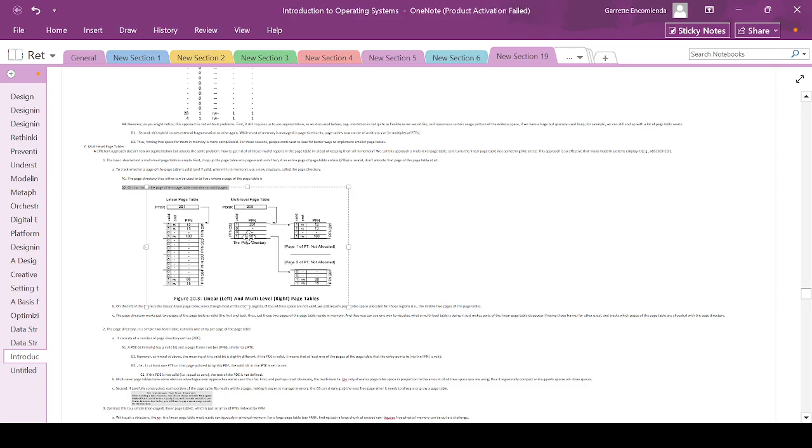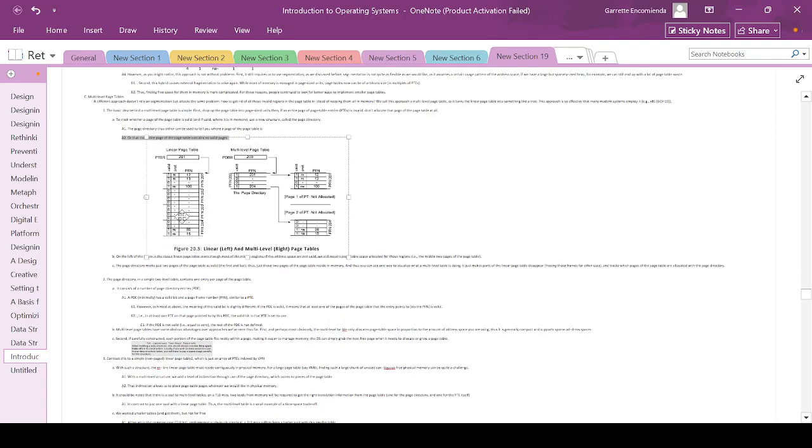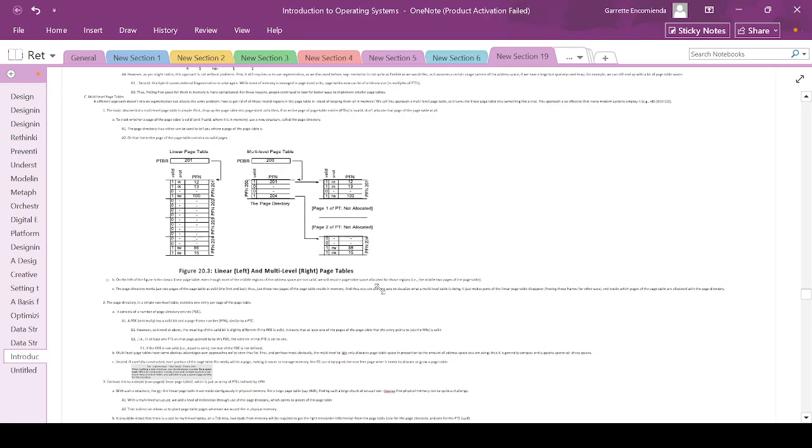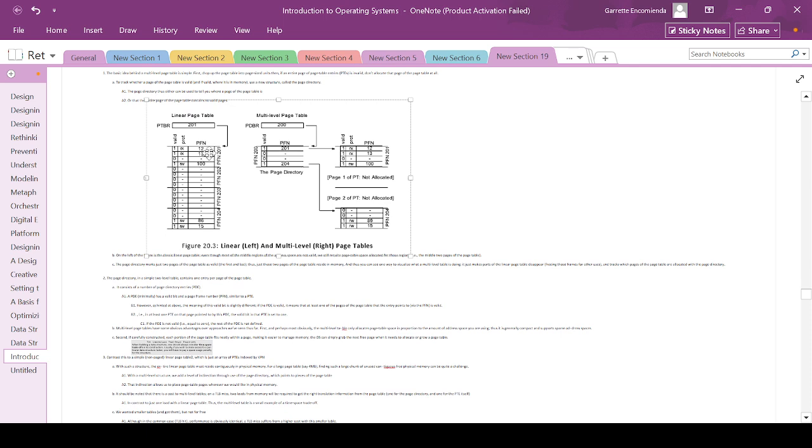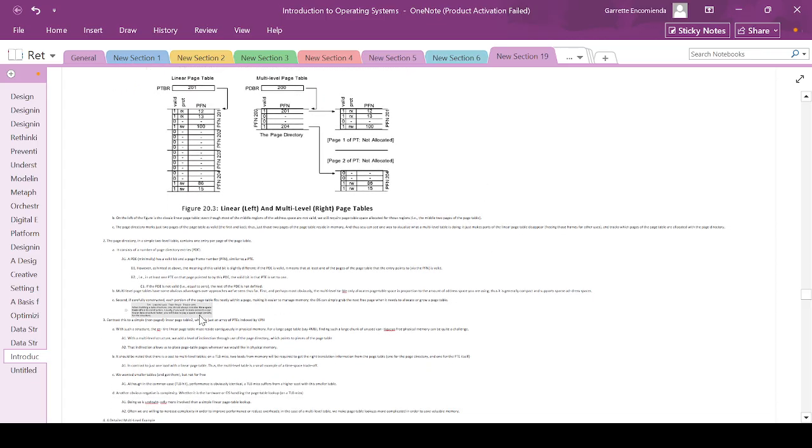So like this, you have the page table for that PFN. It lets you track the page of that page table in the physical frame. So here the left is a linear page table. As you can see, that is kind of like two nested trees.